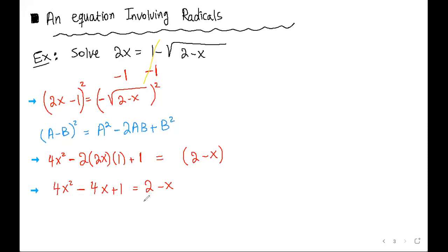So I subtract 2 and I add x for both sides. So this is cancelled here, everything cancelled. So what I get here: 4x squared minus 4x plus x is minus 3x, plus 1 minus 2 is minus 1, equals 0.